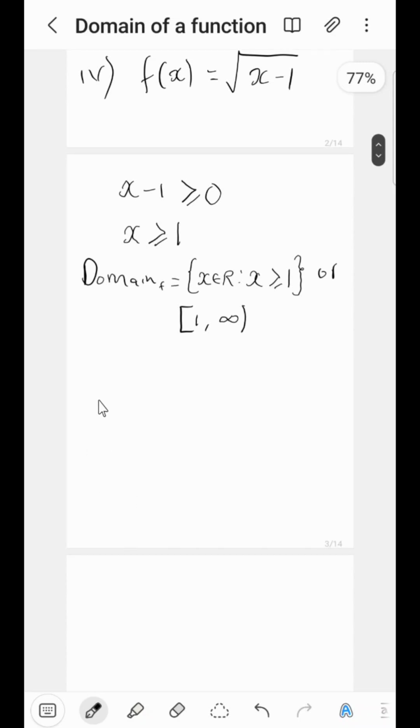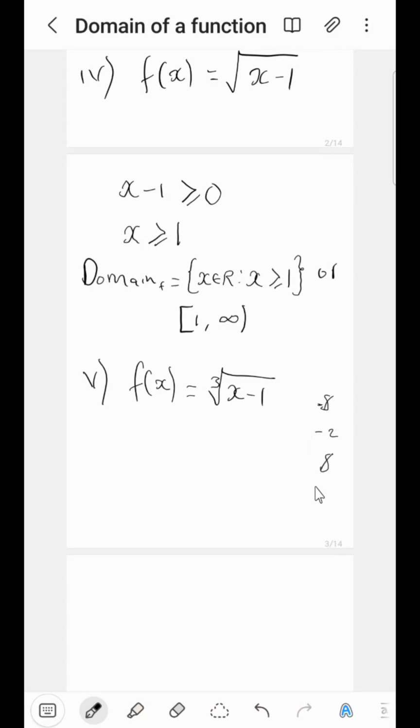Which is f of x equals cube root of x minus 1. So under the cube root, it doesn't matter whether it's a negative value or a positive value, it will definitely give you the answer. For example, the cube root of 8 is 2, and the cube root of negative 8 is negative 2.